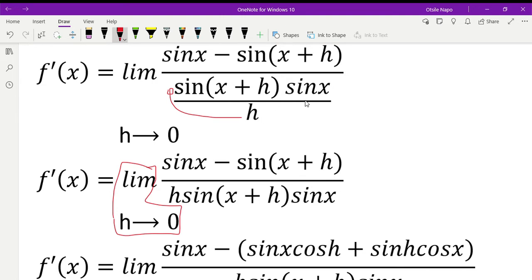Therefore, when you are moving from division to multiplication, this will be 1 over h. Then when you multiply, the numerator is multiplied by 1, and the denominator is multiplied by h. Therefore, you get this.